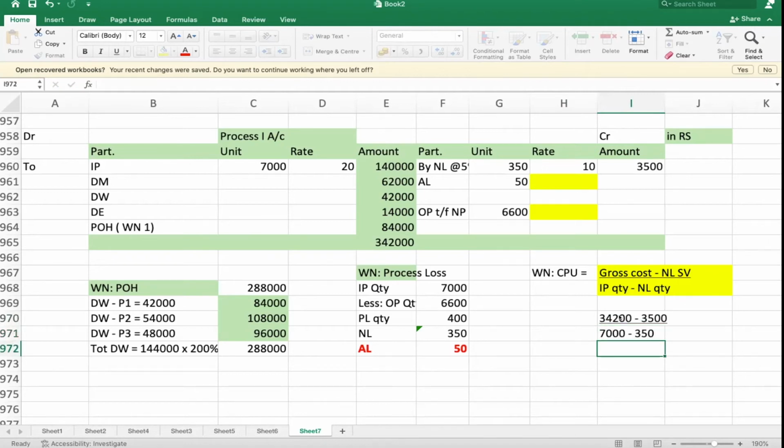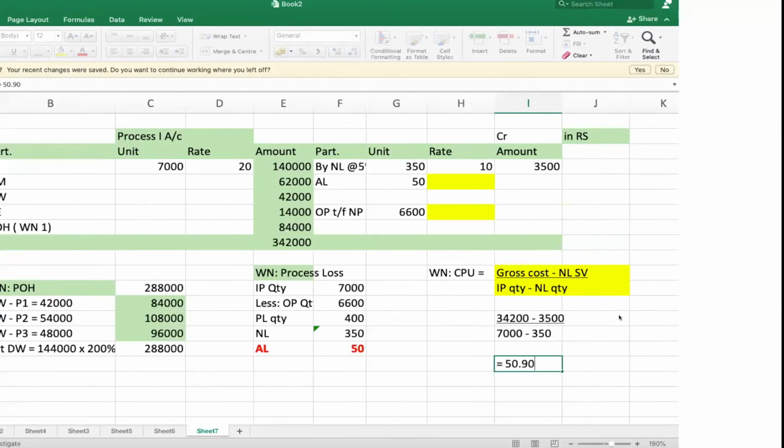Therefore, how much is the cost per unit, Kanna? Therefore, cost per unit comes to 50.90. All of you got it? Check it up.